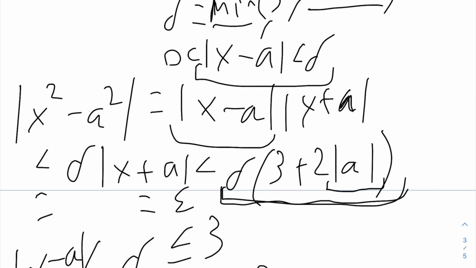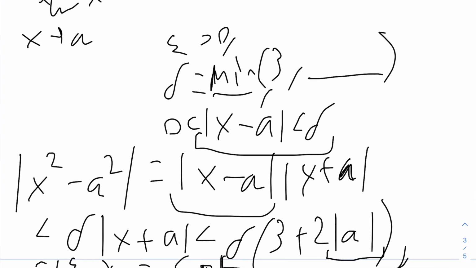Well, obviously we would want delta to equal epsilon over 3 + 2a, in order to cancel out this 3 + 2a in absolute value. And then our proof is done with a delta value of the minimum of 3 and epsilon over 3 + 2|a|.